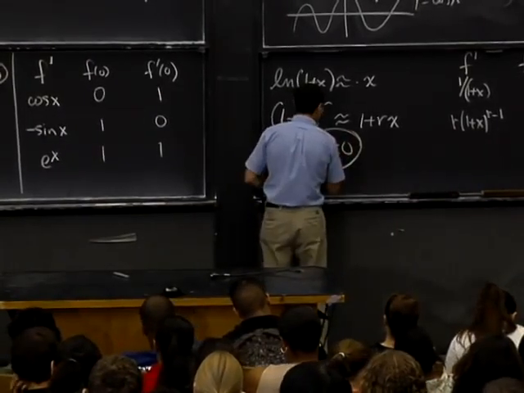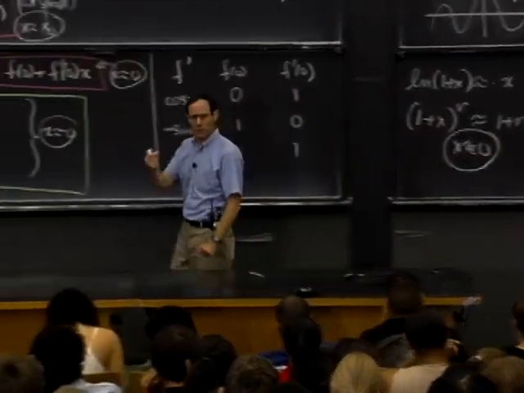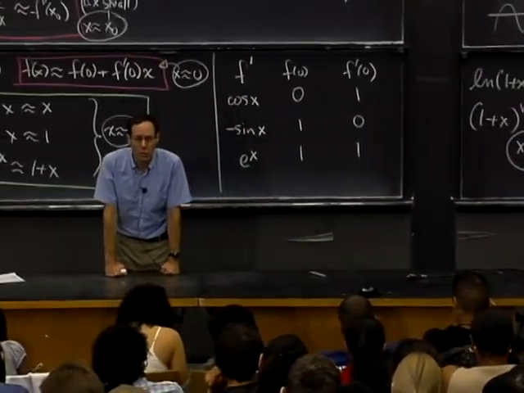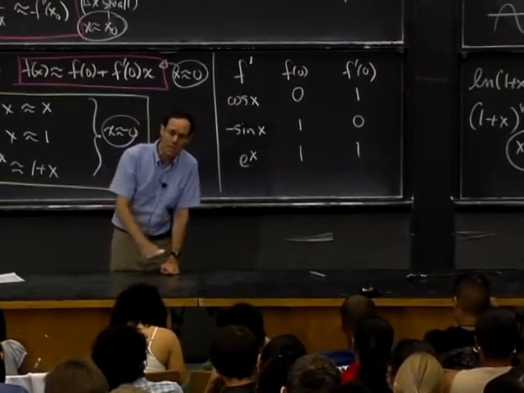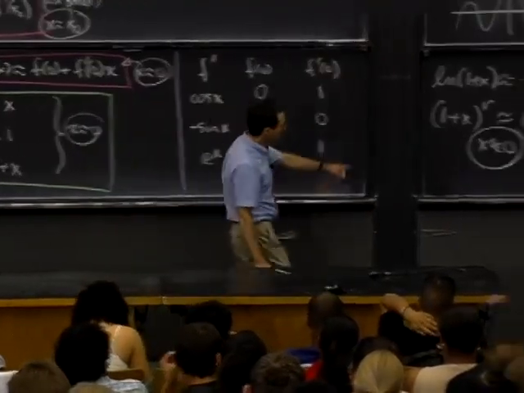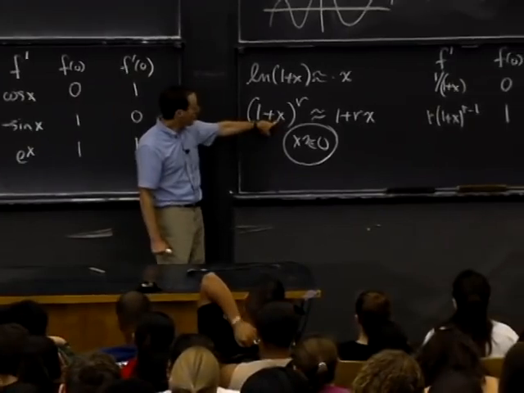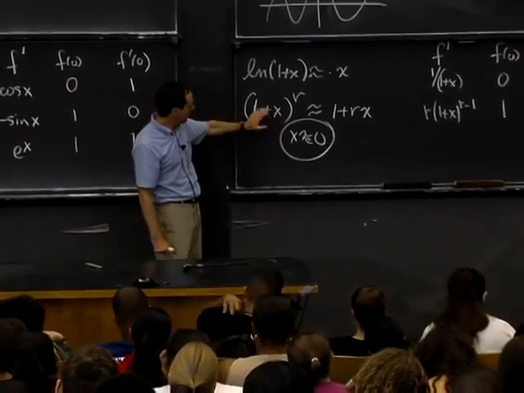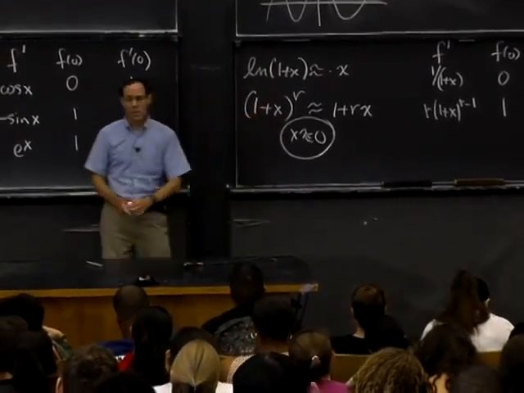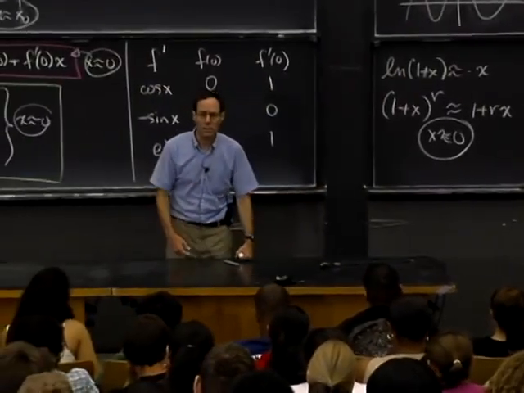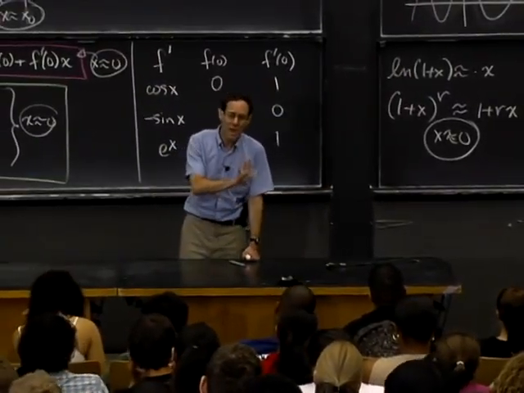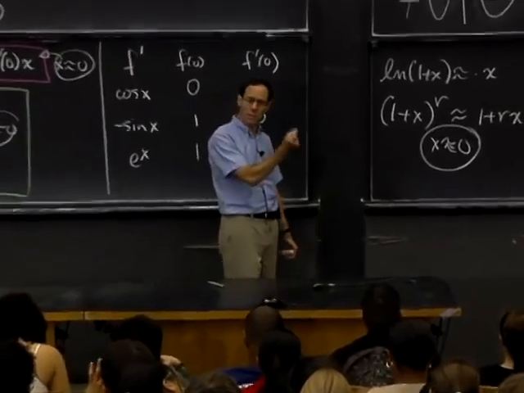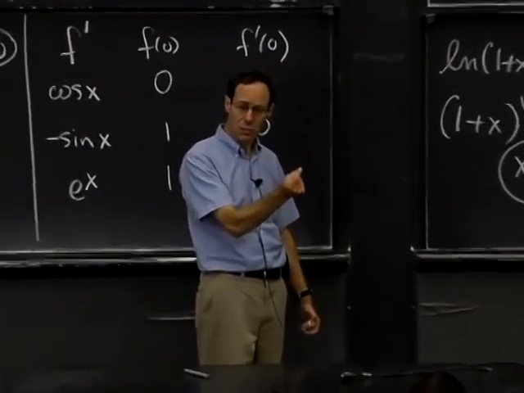You cannot expand a logarithm and understand a tangent line for it at x equals 0 because it goes down to minus infinity. Similarly, if you try to graph x to the r, without the 1 here, you'll discover that sometimes the slope is infinite and so forth. So this is a bad choice of point. 1 is a much better choice of a place to expand around.